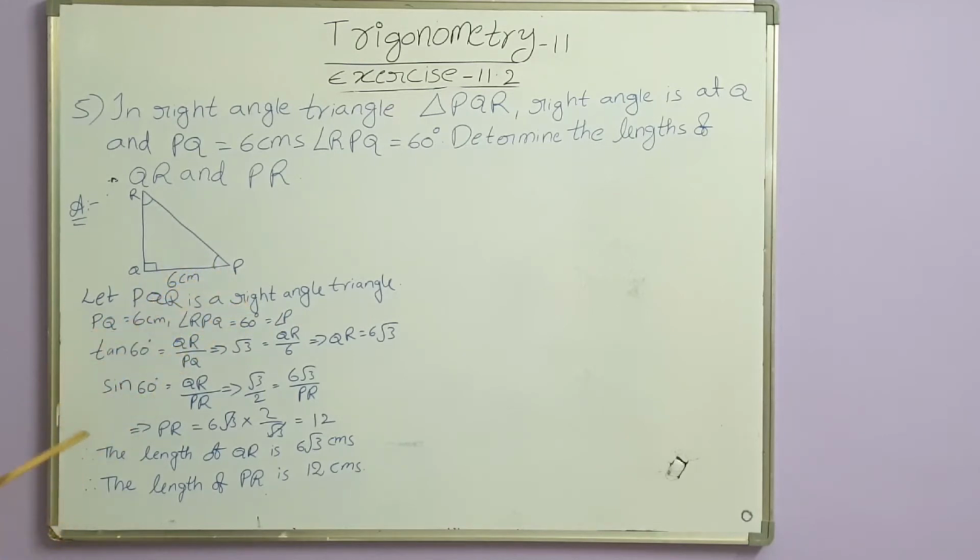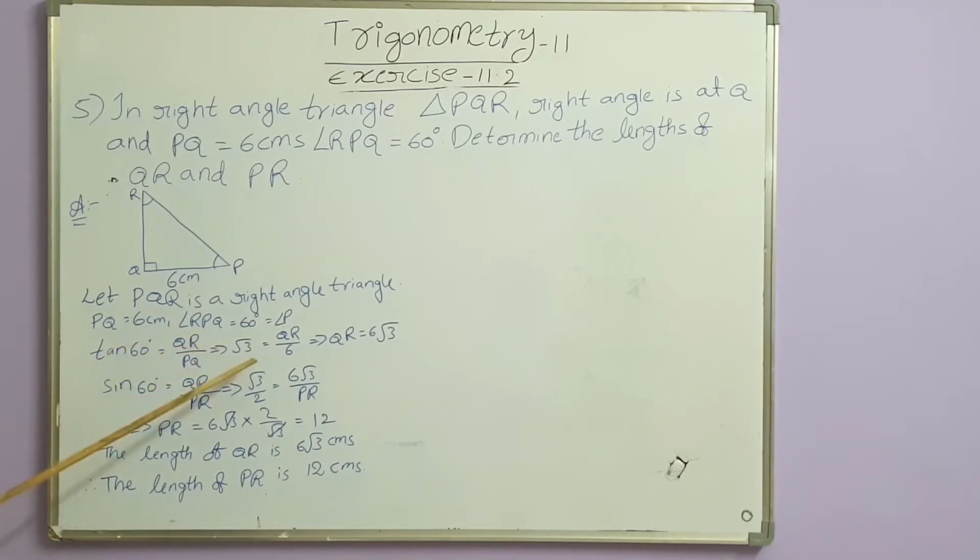Here tan 60 degrees, tan P of 60 degrees. Substitute: tan 60 degrees is the opposite side of angle P, that is QR, by the adjacent side of angle P, that is PQ.